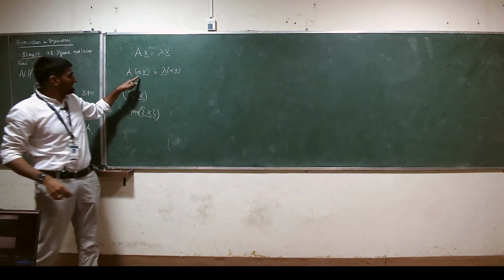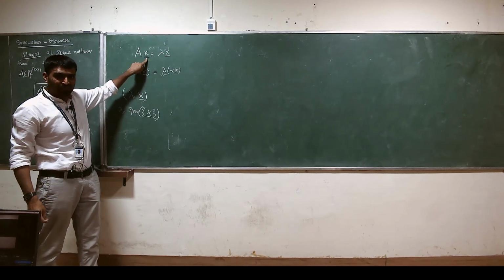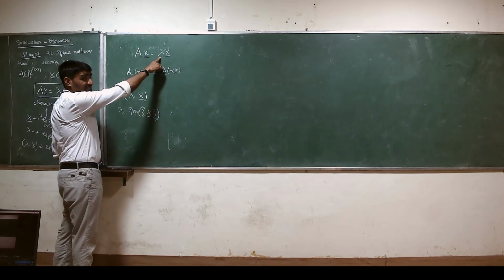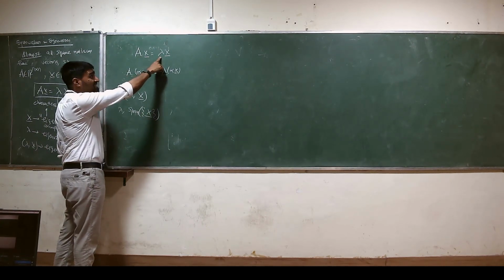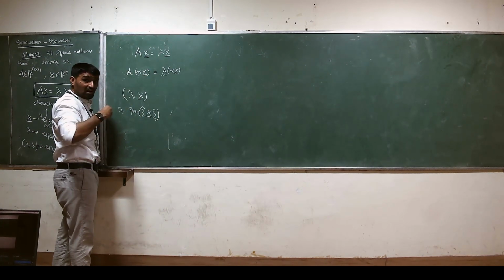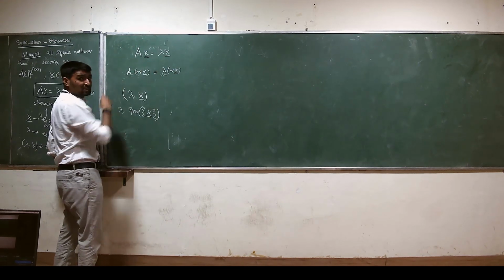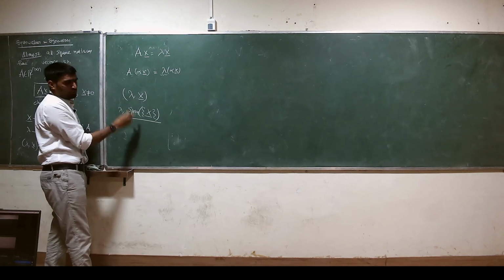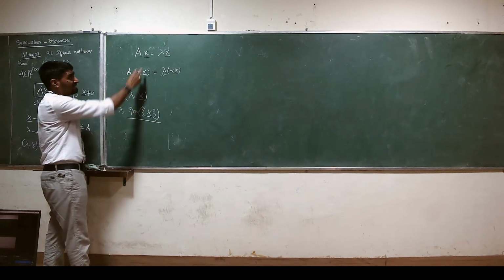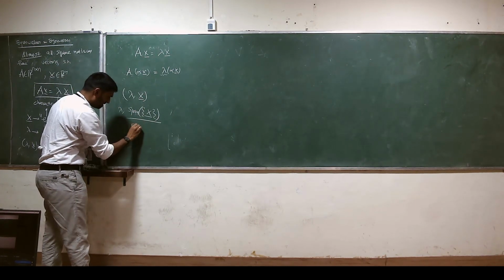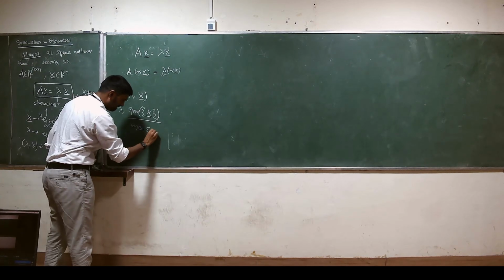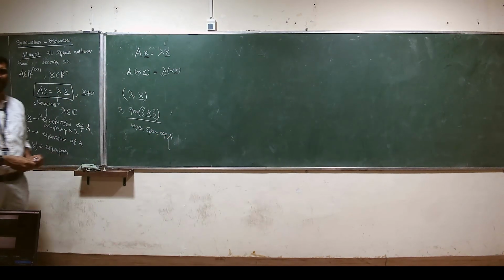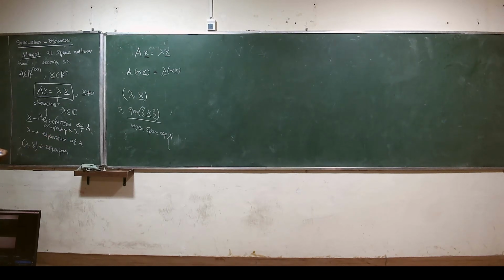All scaled versions of X are in the span of X. So if you have an eigenvalue lambda, there is at least a one-dimensional subspace that will satisfy this. And this subspace that satisfies this property is called the eigenspace of lambda. Again, these are all definitions that you remember.